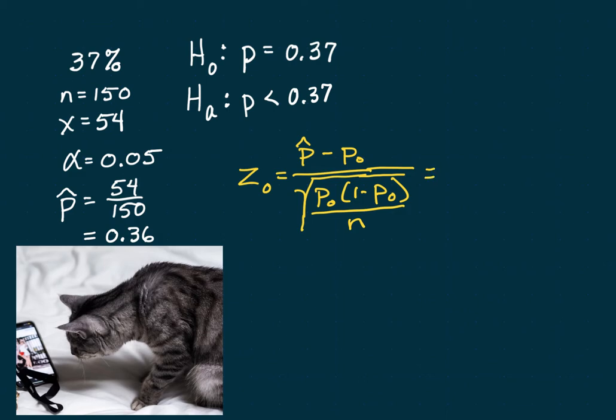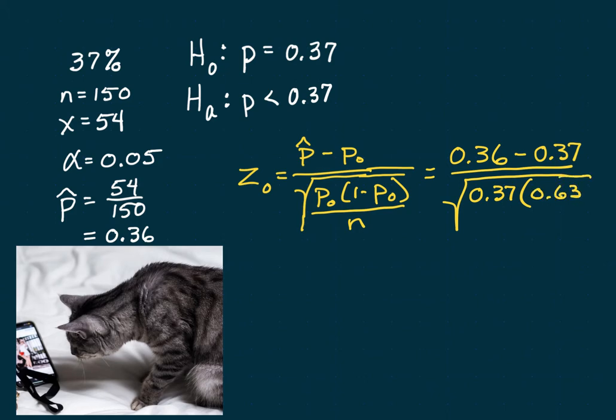Our sample proportion is 0.36. Our null value, or the proportion we expect if the null hypothesis is true, is 0.37. We divide that by the square root of the null proportion times 1 minus the null proportion, which would be 0.63.